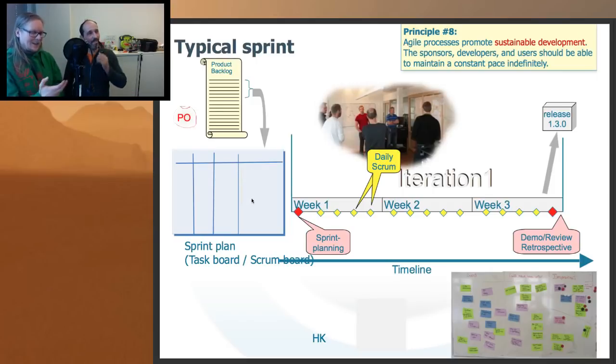But we basically take the user stories from the product backlog that were chosen for the sprint, and then we elaborate them further and add some estimation. The user stories describe the user needs, so we create technical development tasks out of them.